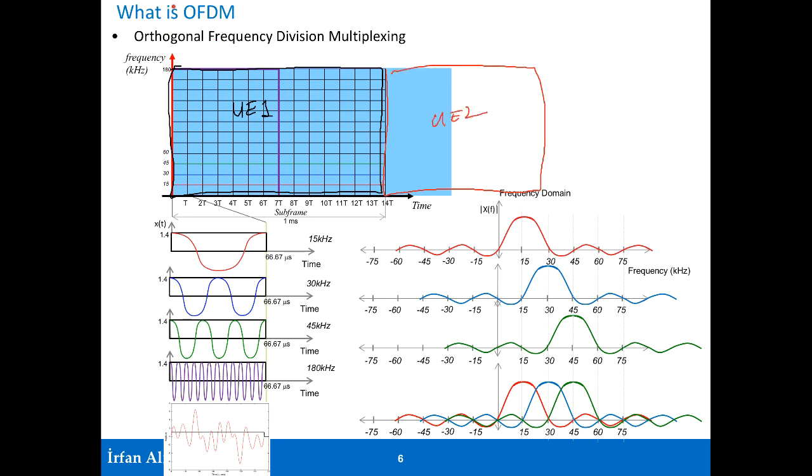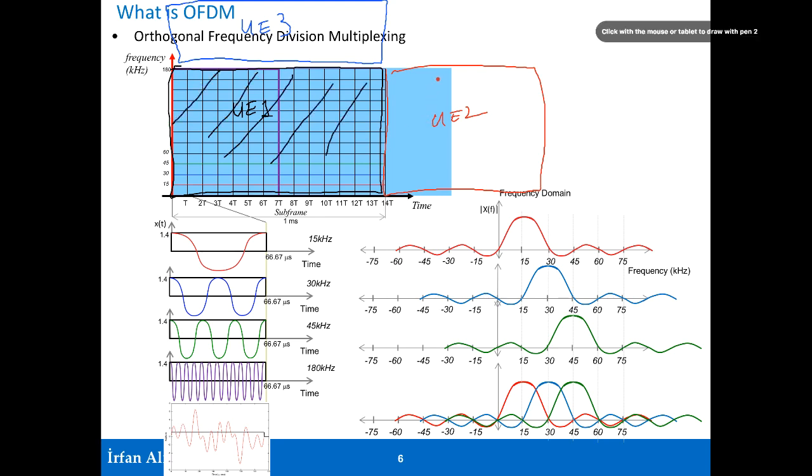And in the frequency domain, you can provide these two resource blocks to UE3. This is the kind of multiplexing scheme that is used in the downlink direction. All these resource elements have been provided to UE1, and all these resource elements have been provided to UE2. And in the frequency domain, you can keep going for as many resource blocks that you have.